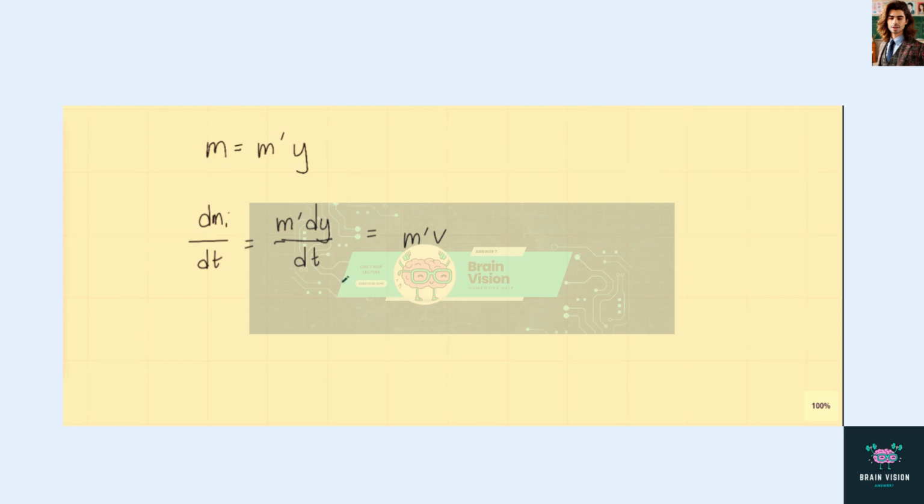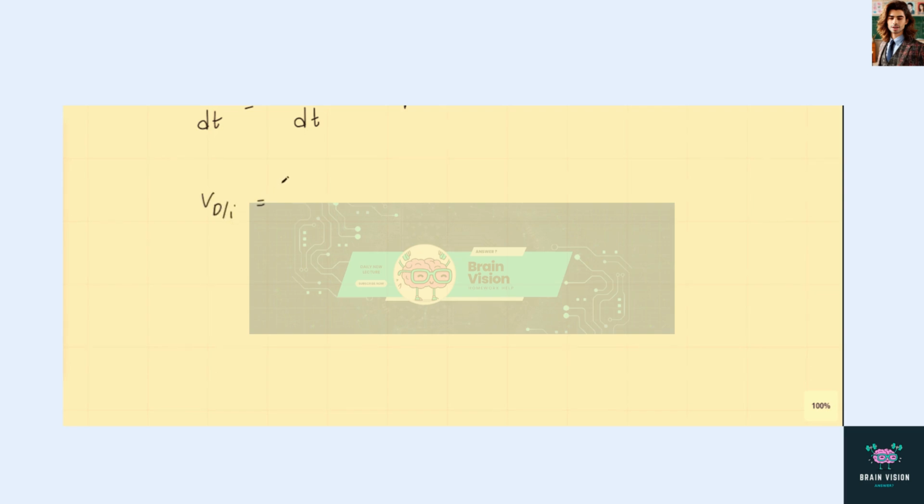The rate at which the y coordinate is changing is simply v, so that's m prime times v. Now here v_i is equal to v, the speed at which the rope is falling, and dv/dt, the acceleration of the rope, is simply due to gravity g.